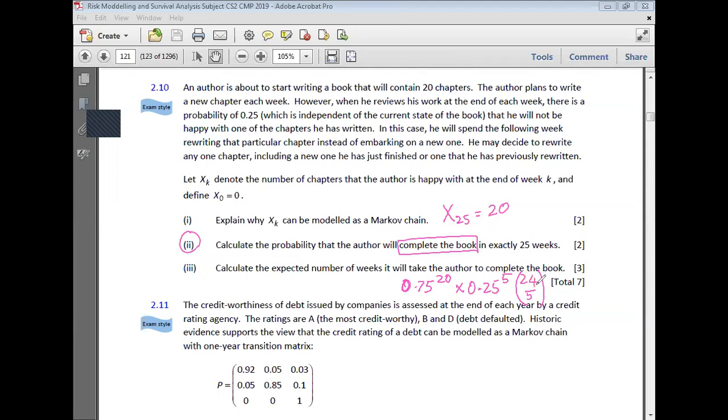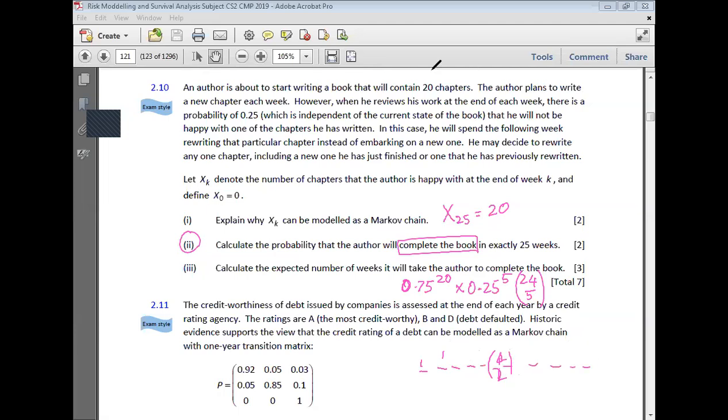Okay, so let me explain that. Ideally, if we are supposed to choose these 5 chapters that the author has to rewrite from the number of chapters that he is writing in 25 weeks, you would think that this should be 25C5, right? Because if, let's say, you have 4 spaces, you can choose one space in any of the 4, so you get 4C1. And if you care about 2, you will have 4C2. So here we are talking about 5 different things and we have 25 blank spaces.